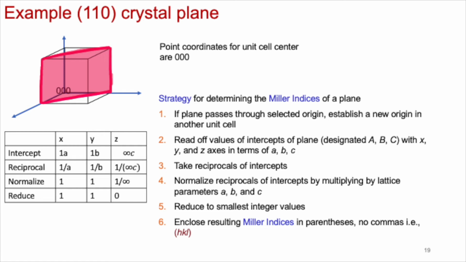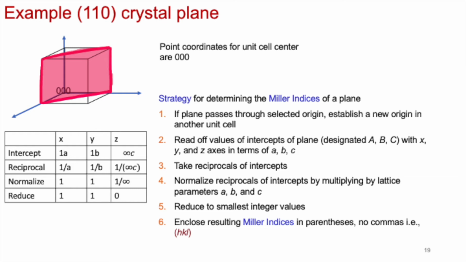Oh, well, first you have to know where your unit vectors are: A, B, and C. Thank you for pointing that out. In addition to denoting what your axes are, this is an arbitrary unit cell, but in X, I'll call the unit vectors A, B, and C. Basically those are your lattice parameters. Then you need to know, where does your plane intercept X, Y, and Z?